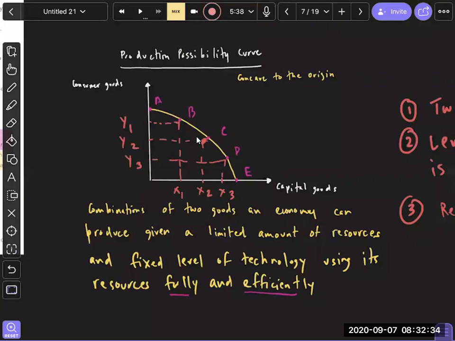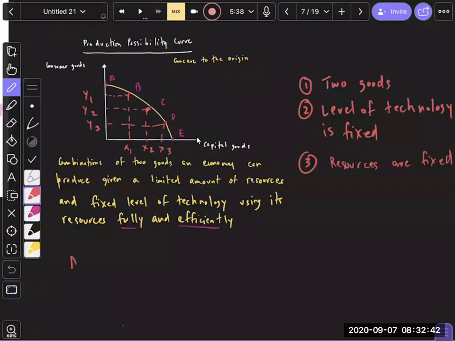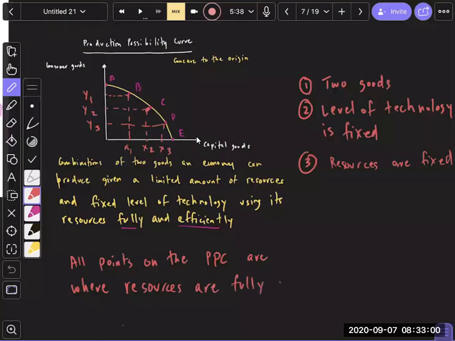So all points on the PPC are where resources are fully and efficiently used. If you are on the PPC, this means you're utilizing your resources fully and efficiently.